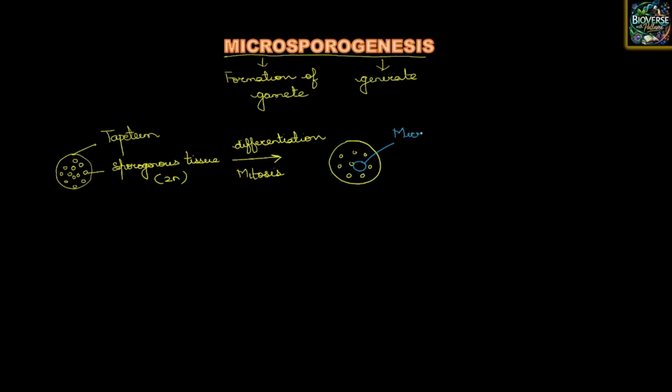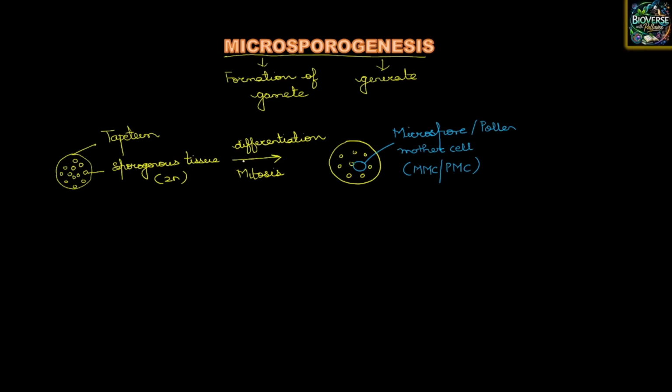Since it is forming the microspore or the male gamete, we use the word microspore mother cell, or sometimes, children, we use the word pollen mother cell. That is why sometimes you have seen the abbreviation MMC or PMC. We should be in the habit of writing the complete full form in your copies when you give your answers in the examination. Avoid using any kind of short forms.